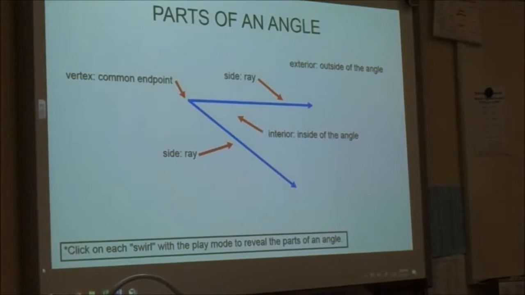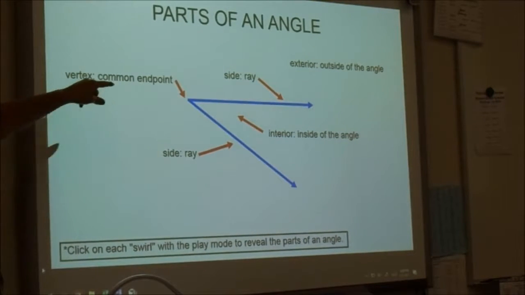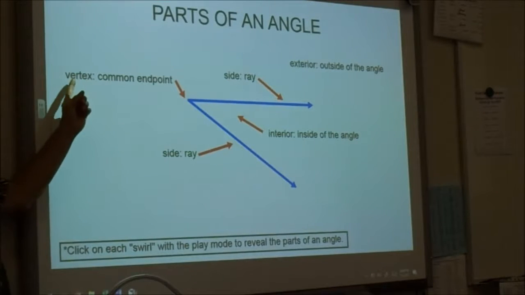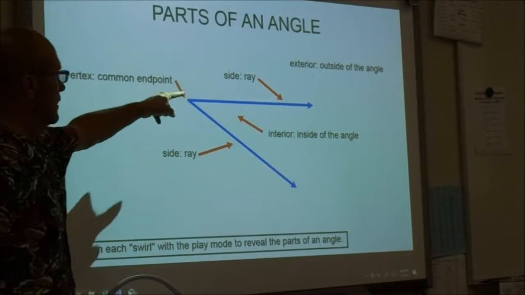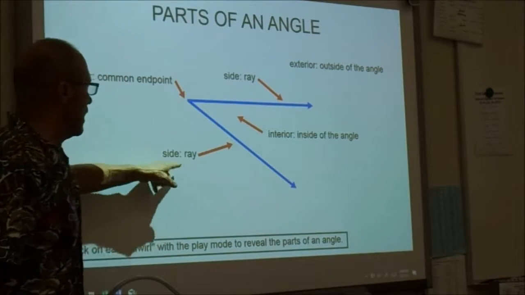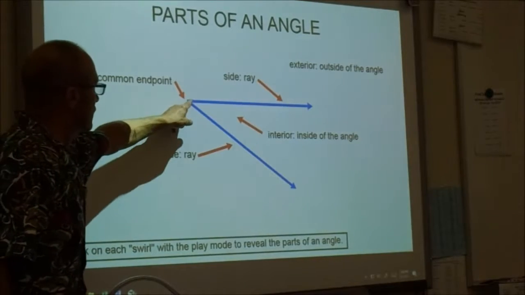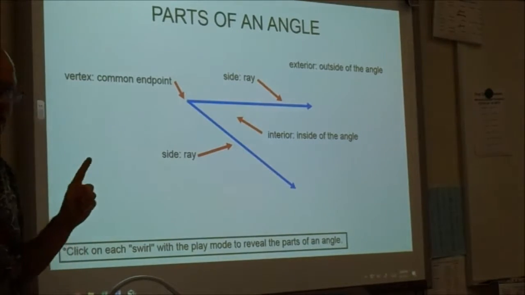Over here I have a diagram from the internet. And here we can see there's other ways that you can say, well, there is a common endpoint. That's known as the vertex. And the two rays are called sides. And so the vertex is 0 dimensions. The rays are 1 dimension.